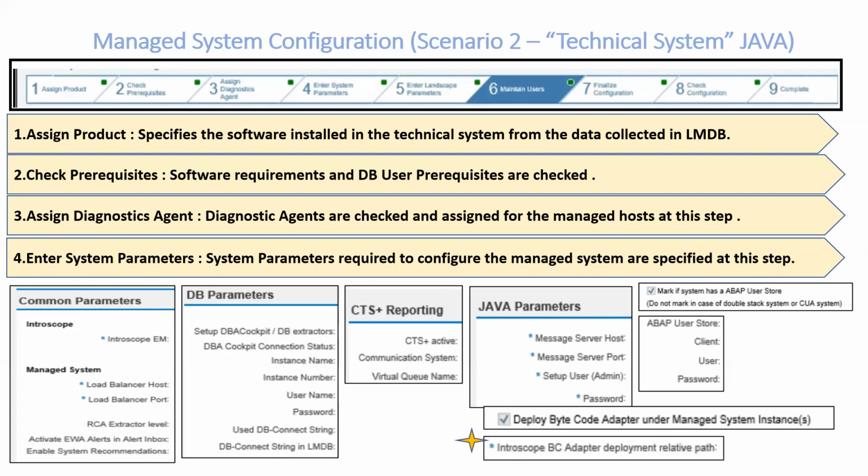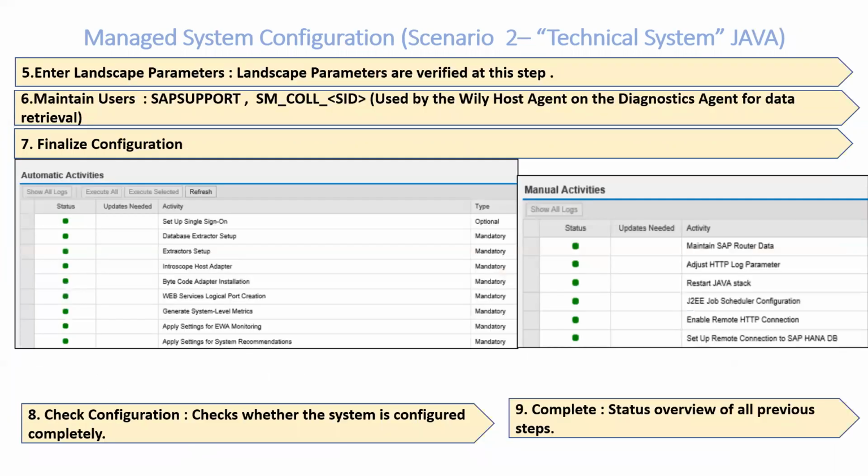We now see the difference under the system parameter step for ABAP and the Java systems. The next step is, again, the verification of landscape parameters, the data for which gets collected from LMDB. We just need to check and verify if all parameters have been collected successfully.